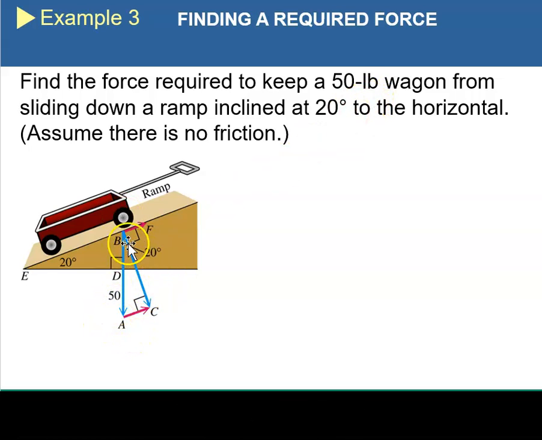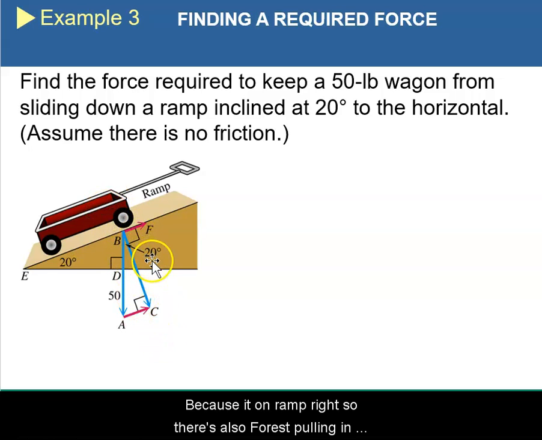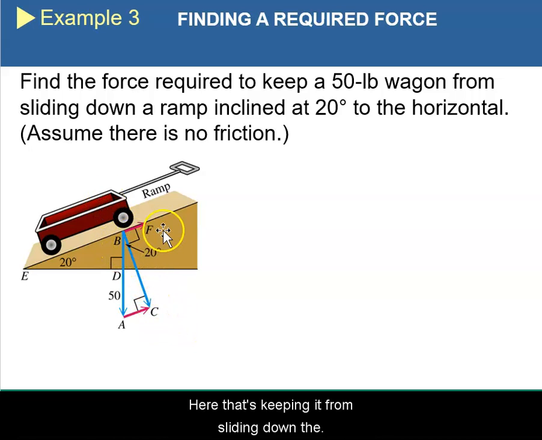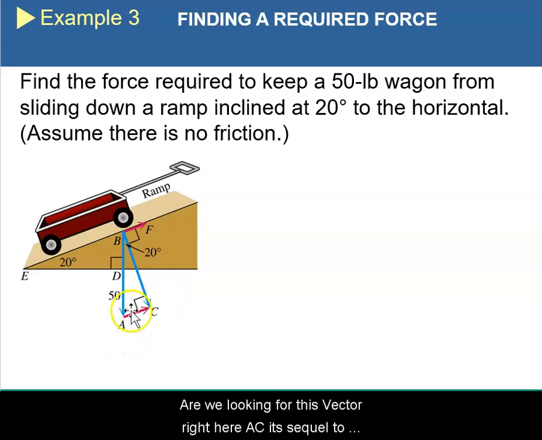This incline here is because it's on a ramp, so there's also a force pulling in this way, and then we have a small force vector here that's keeping it from sliding down the ramp. So we're looking for this vector right here, AC. It's equal to this vector F.